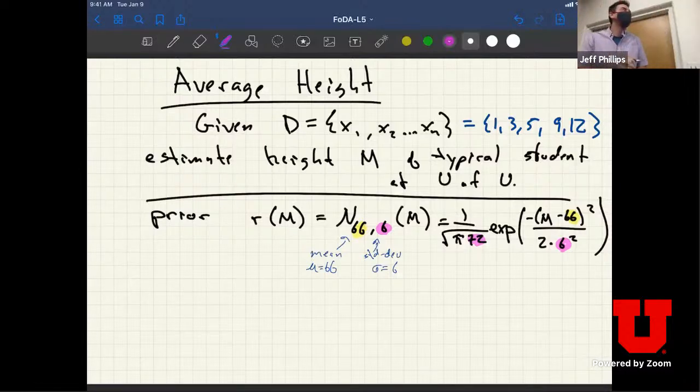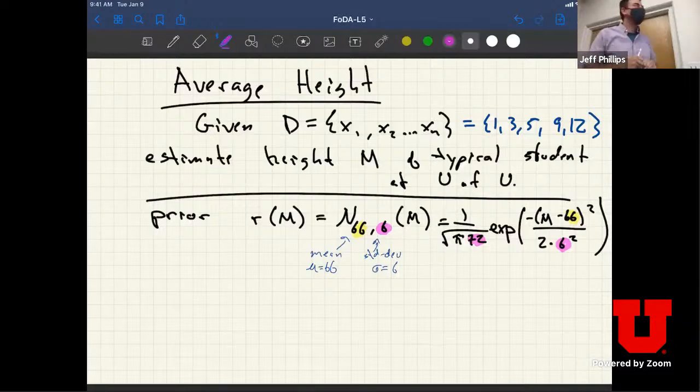If I only have five data points, then I might not trust those. I want to make sure those aren't outliers or something like that. And I have this prior knowledge. I think it's probably close to 66. So I want to incorporate both of these things, and we'll talk about the balancing of these two aspects. But let's work through the math, and then we'll be able to see from the math how the balancing works.